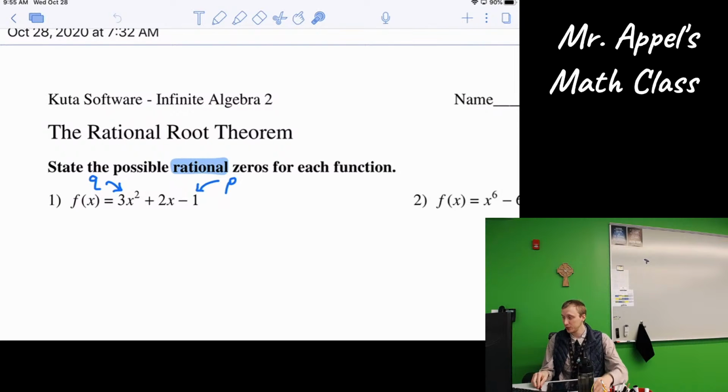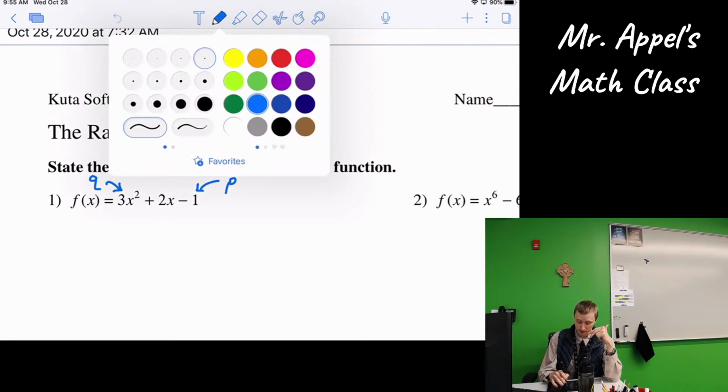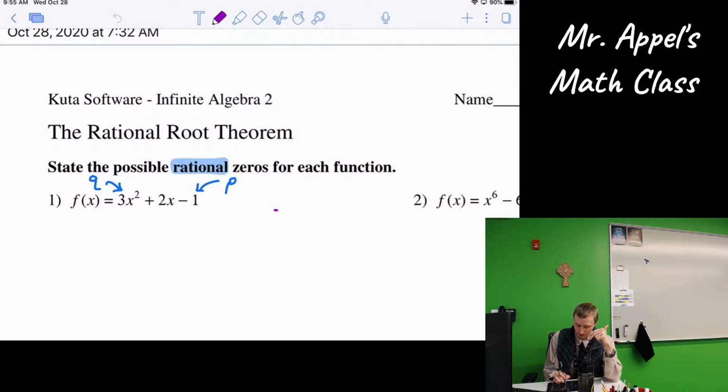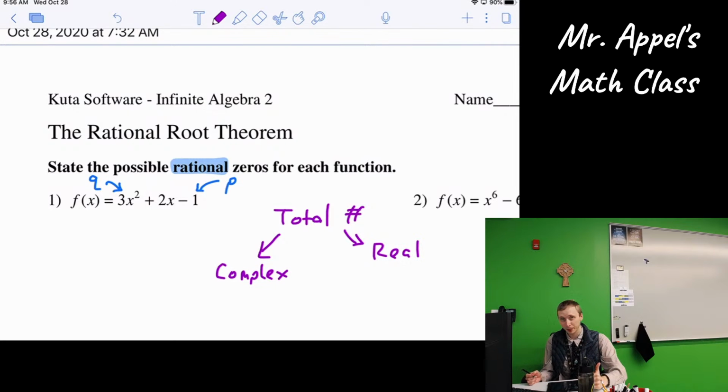So before, we knew how many roots there had to be, and we knew how many had to be positive and how many had to be negative of the real roots. Right, so just to give you an idea here, we had some total number. Some would be complex. The rest would, of course, be real.